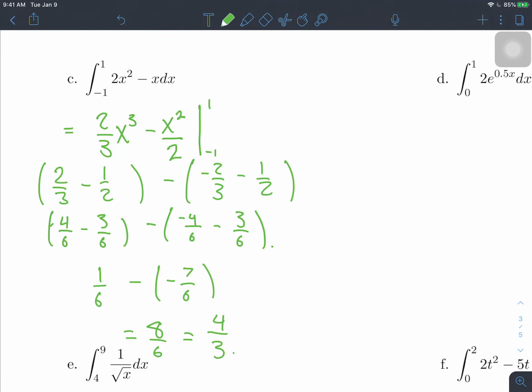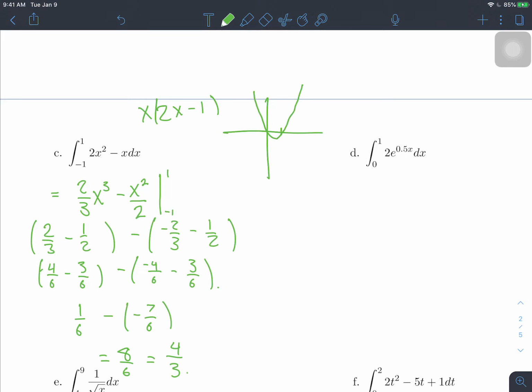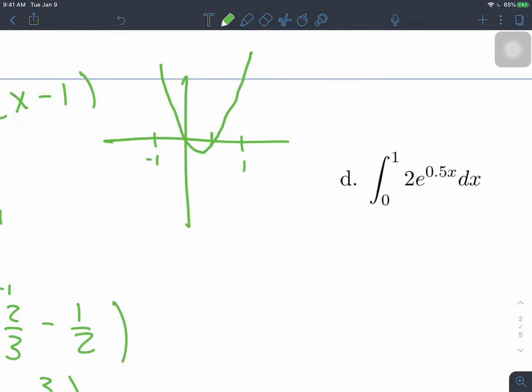Okay, so again, pretty amazing. We could factor this as x times 2x minus 1, which means the roots are at 1/2 and 0. So what does this picture look like? It opens up, which means our function looks something like this. And here's 1, and here is -1. So what did we do?